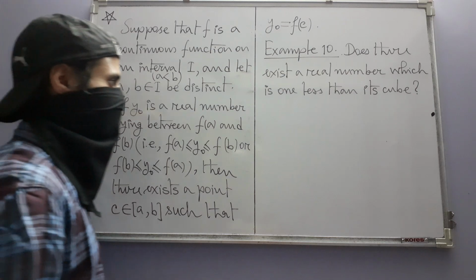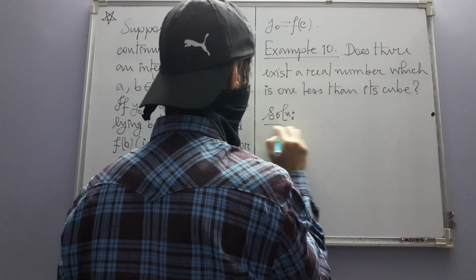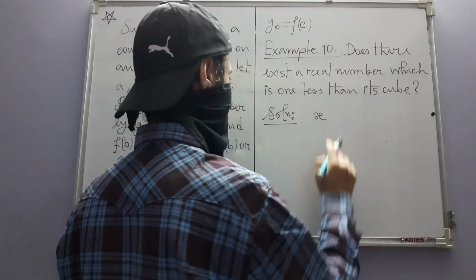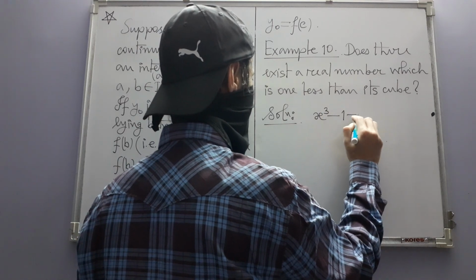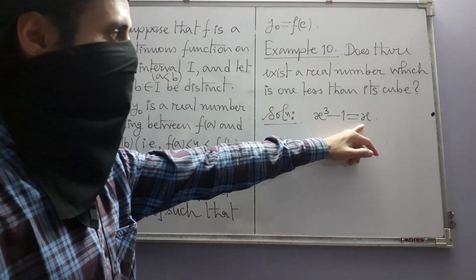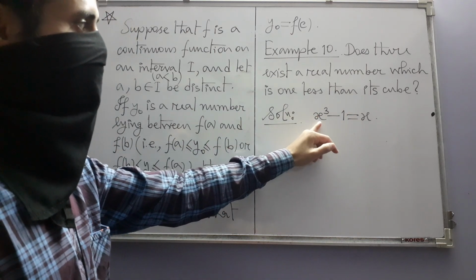So this question is equivalent to the equation having a solution. See, x cube minus 1 should be equal to x. Does there exist a real number x which is equal to 1 less than its cube?